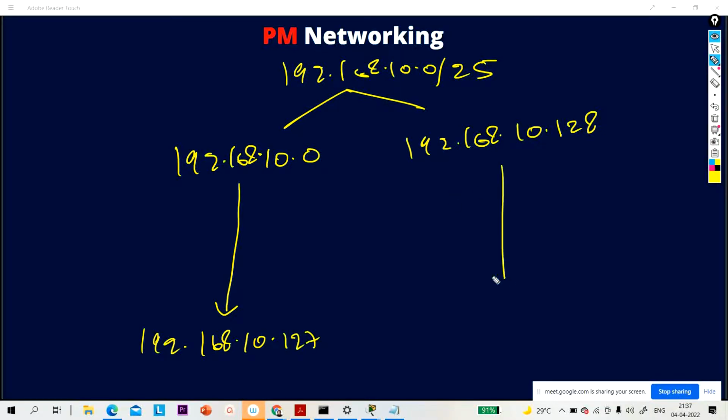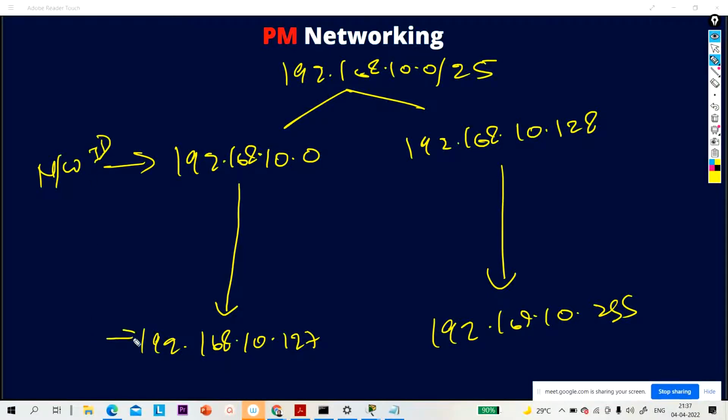And this network will end on 192.168.10.255. This one is the network ID. This one is the broadcast IP. How many valid hosts are there? 126.